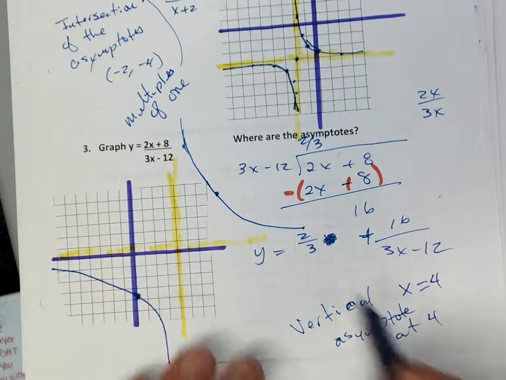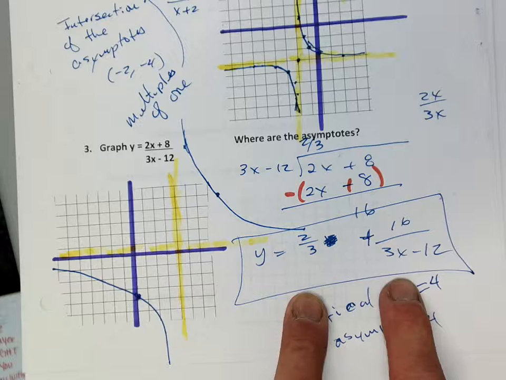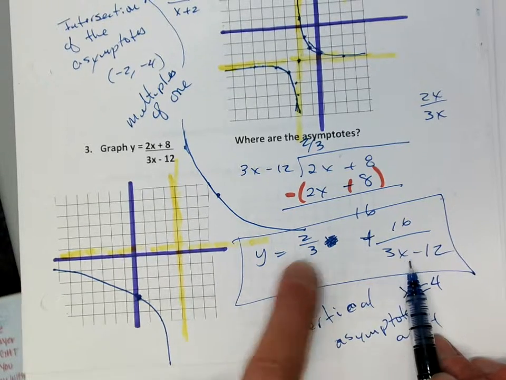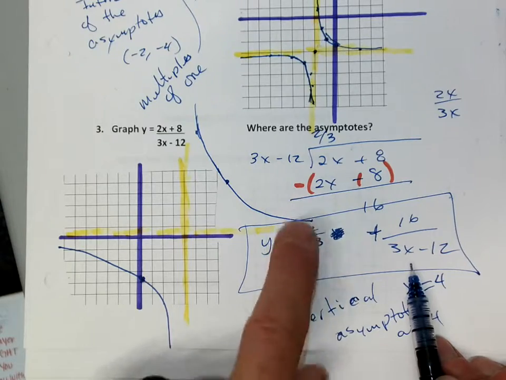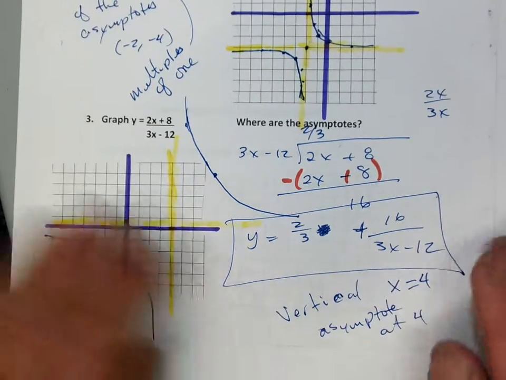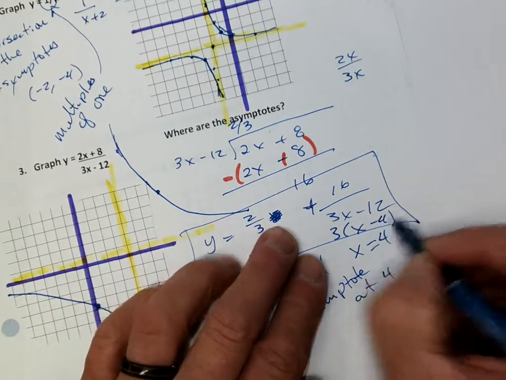So this is the equation that gives me the most information. This information helps me get the horizontal asymptote right here, and the vertical is here, okay? And you can rewrite this one as 3 times an x minus 4. If you rewrite that, here, let me rewrite like this.